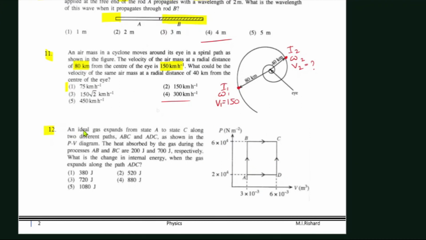It says an ideal gas expands from state A to state C along two different paths: A, B, C is one path, and another path is A, D, C, as shown in the PV diagram.